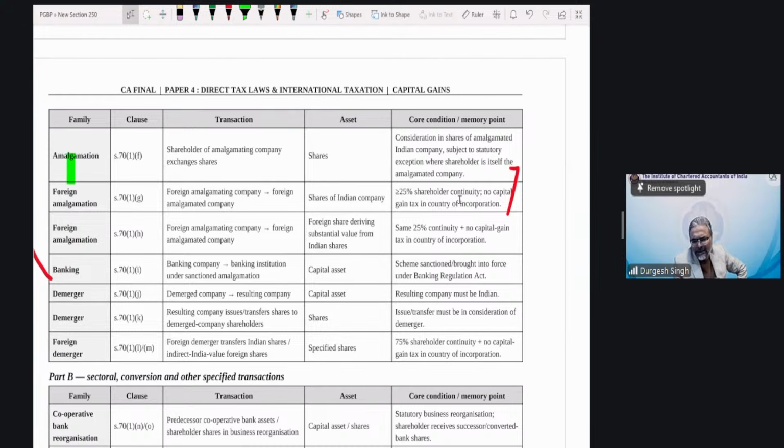One may say, but sir, why is there a difference? For the Indian amalgamation, we say three-fourth of the value is what is required for the purpose of the exemption under Section 70.